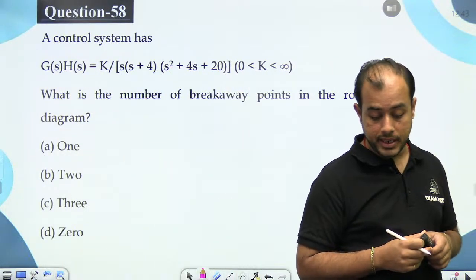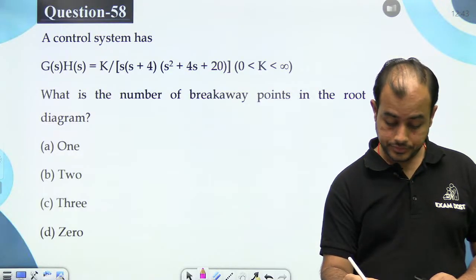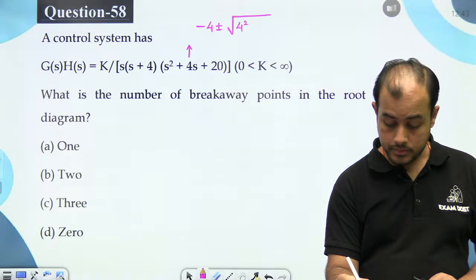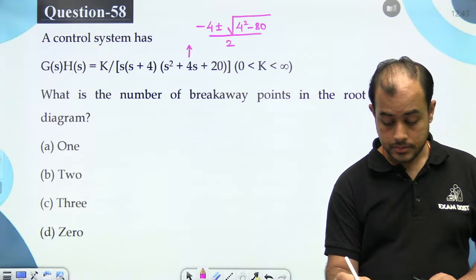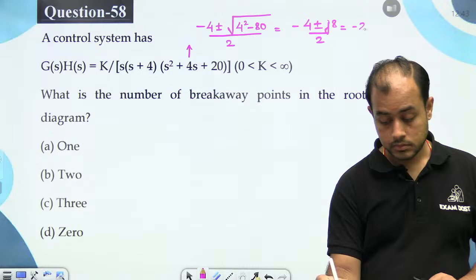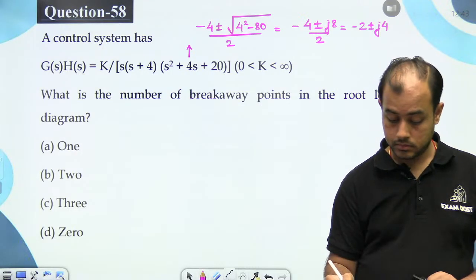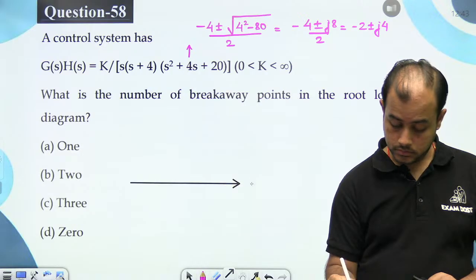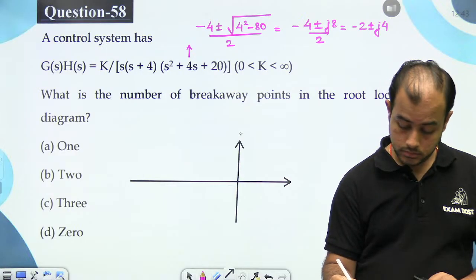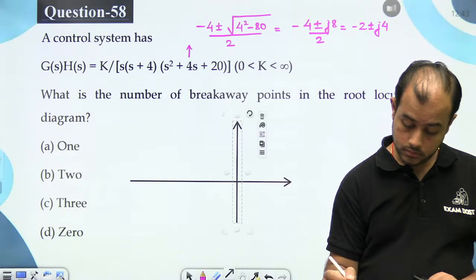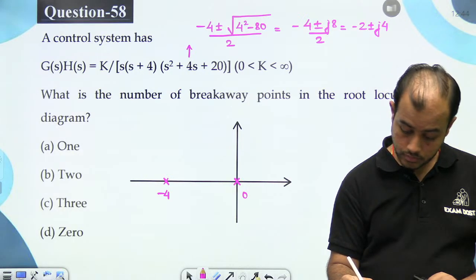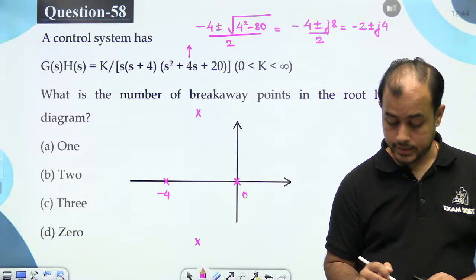Okay, control system breakaway point. Roots will be like this.